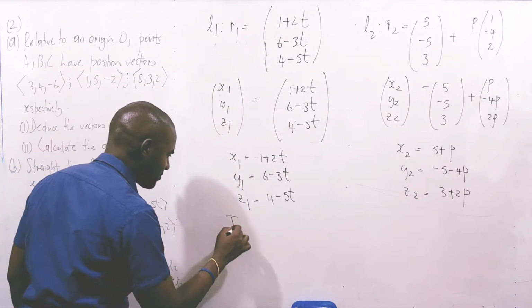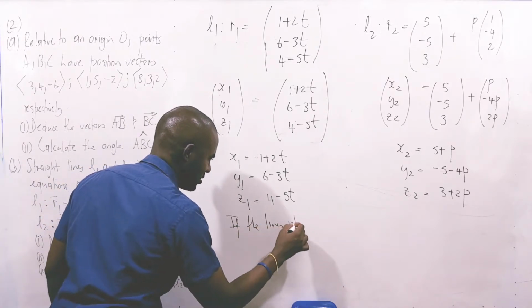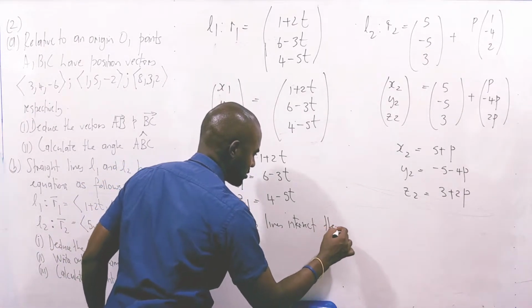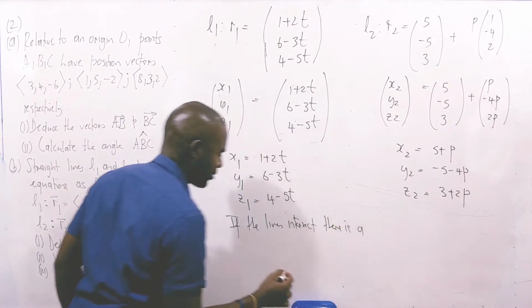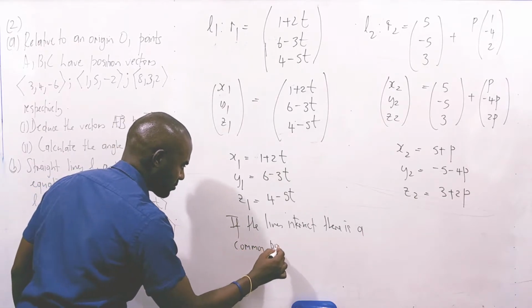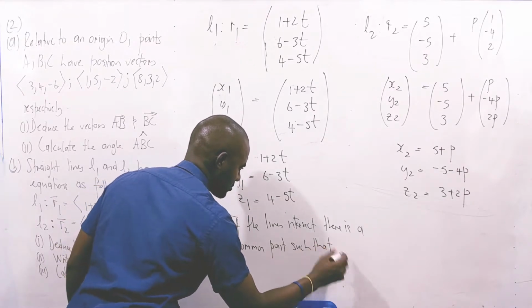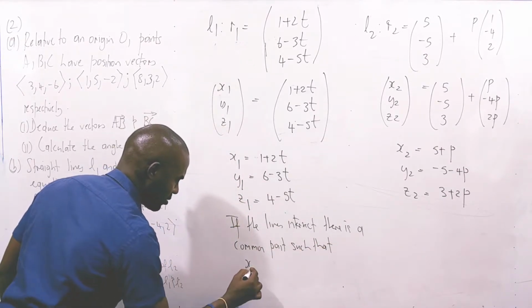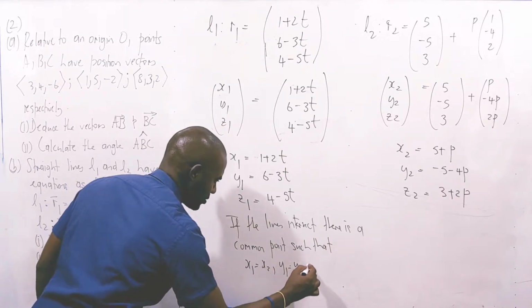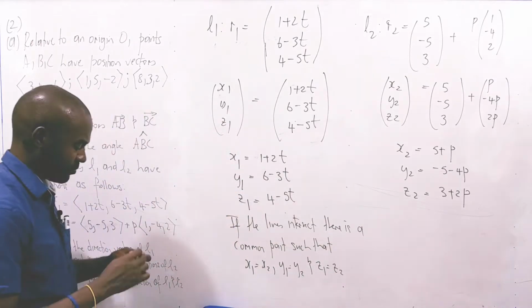So if the lines intersect, there is a common point such that x1 is equal to x2, y1 is equal to y2, and z1 is equal to z2.